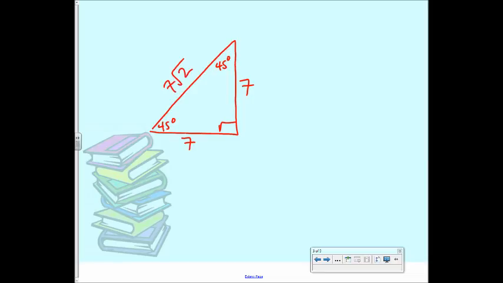Every time, 100% of the time across the board. All right? So if I give you this one, and this is 45, 45, 90, and I tell you that this is 9 root 2, what are the legs? 9. They're both 9. All right, and if you plug that into the Pythagorean theorem, you'll find that that works.